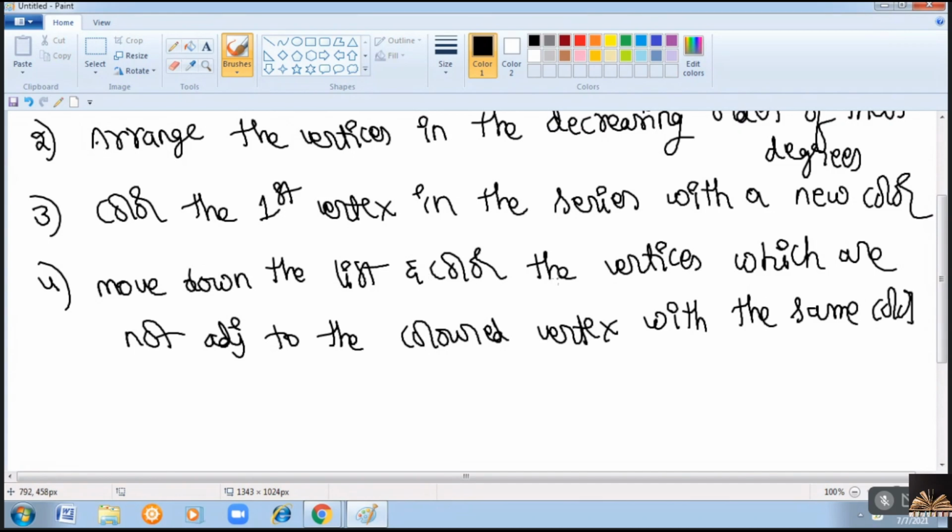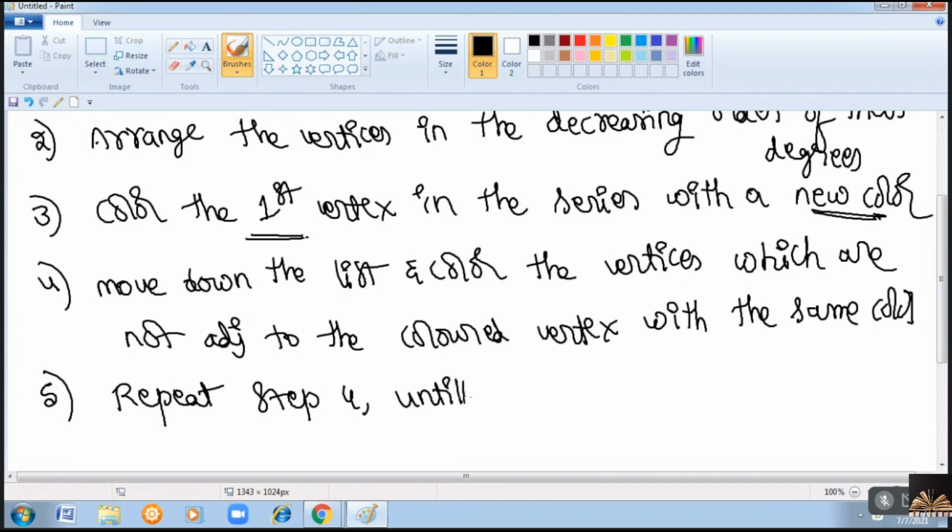You have arranged the vertices in an order, right? So you move down the list and identify the vertices which are not adjacent to this colored vertex. They can be colored with the same color we have used in the third step. Clear? Next, the fourth step is to be repeated until all the vertices are colored. Repeat the step 4 until all the vertices are colored.